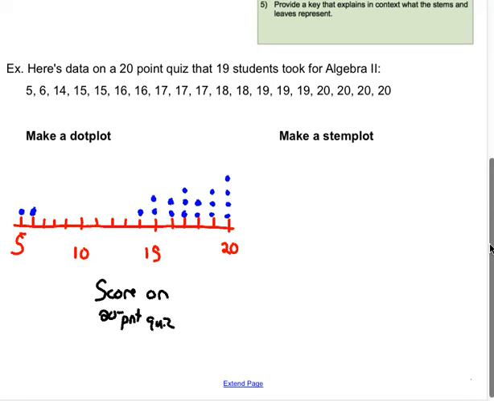Then, of course, you want your label. So dot plots are really easy to make, okay? It's a really quick graphical representation of quantitative data, okay?